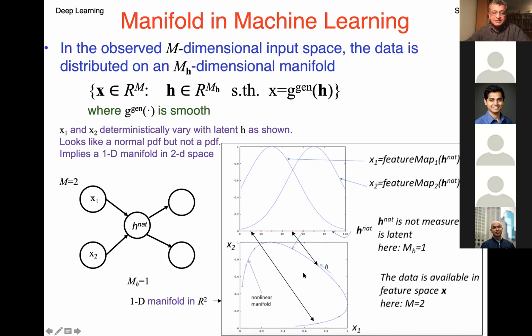So this is the essence of the nature of a manifold, and we are showing it exactly by means of what an autoencoder is doing. It is converting it into a one-dimensional representation, going from two-dimensional space to a one-dimensional representation. Basically, we're saying instead of dealing with x1 and x2, we have got an h. This is a one-dimensional variable.